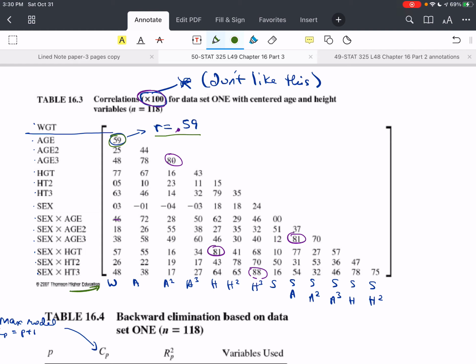So they've done something a little different. Instead of having a diagonal of 1s, they've avoided that diagonal by giving us a lower diagonal matrix, and they've offset everything by 1. So you'll notice that there's no row up here for height. It's missing. Or weight, I'm sorry. But they do have weight up here.